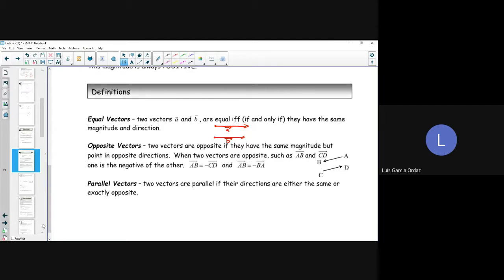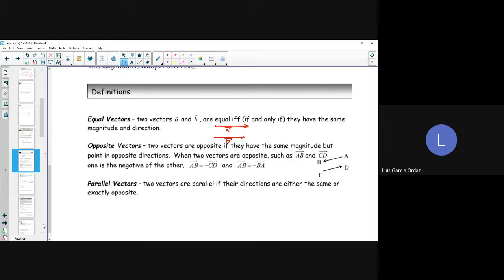Opposite vectors are vectors that are opposite if they have the same magnitude but point in opposite directions. When two vectors are called opposites, such as vector AB and vector CD, one is called the negative of the other. So vector AB is equal to negative vector CD, and vector AB is equal to negative vector BA.